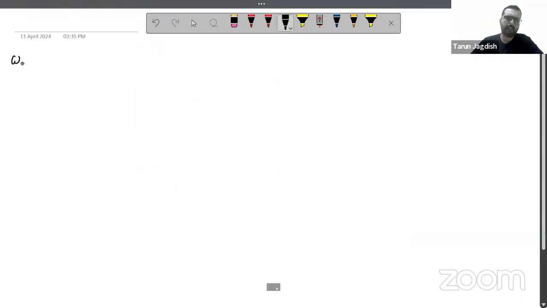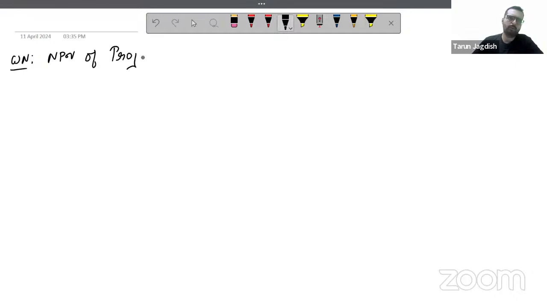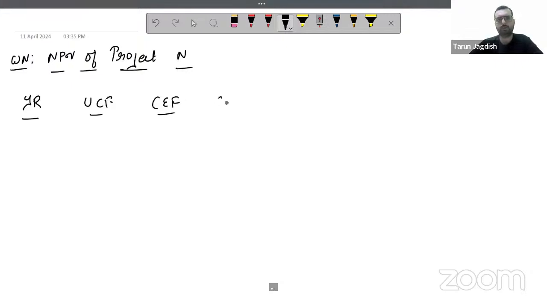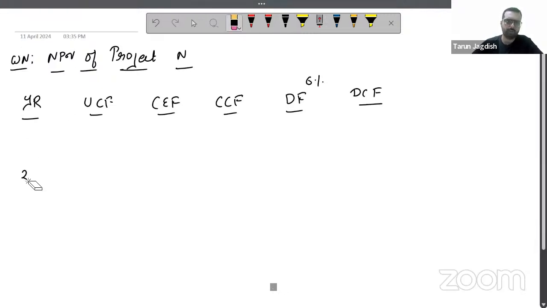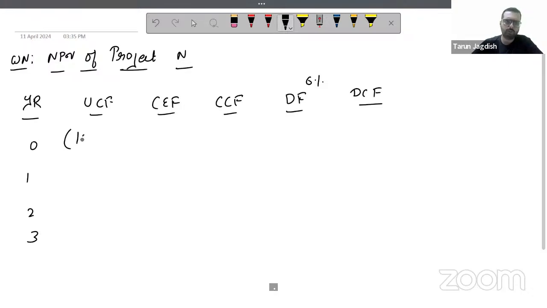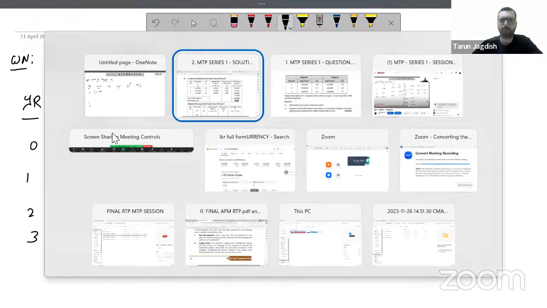Now, same way, I will have to go and do NPV of project N. Here, uncertain cash flow, certainty equivalent factor, discount factor, and discounted cash flow. Okay, here I will first put year 0. Year 0, 1, 2, and 3. So year 0, you're investing 16.50.